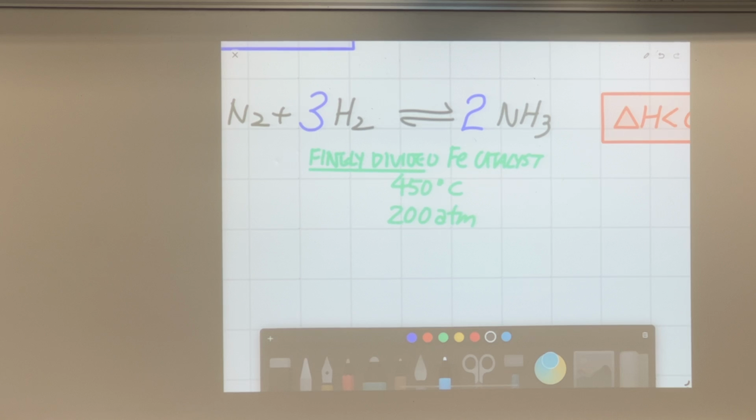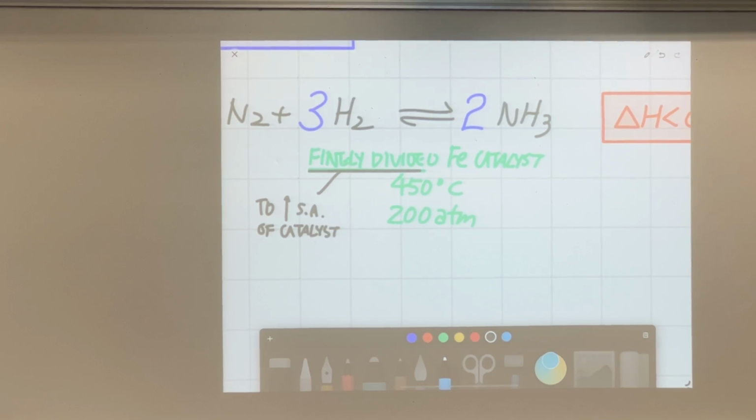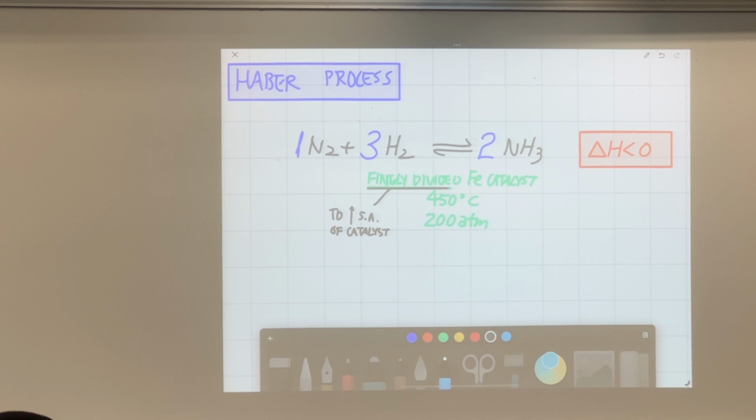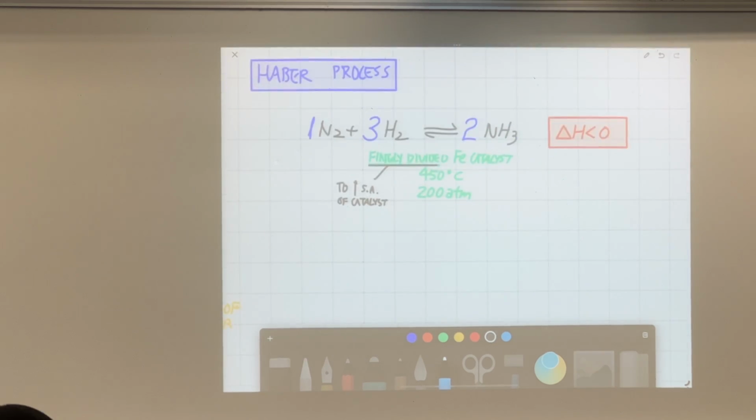This is to increase the surface area of the catalyst. Adding a catalyst will boost the rate, but adding a finely divided catalyst will boost the rate further because you have an even larger surface area. This is why we use a finely divided iron catalyst for the Haber process.